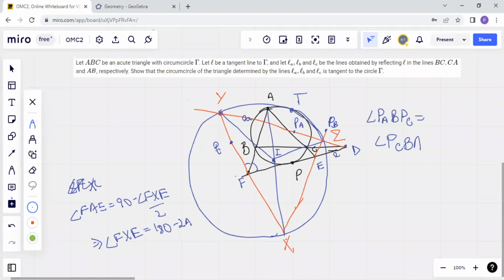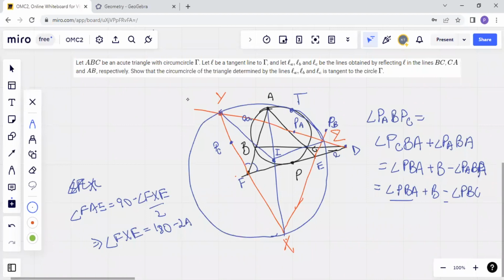So we can write this angle as angle P_C P_B A plus angle P_A P_B A, which is equal to angle PBA and P_A P_B A. We can write this as 180 minus angle P_A P_B P, which is equal to angle PBA plus, oops, this should be A, angle PBC.